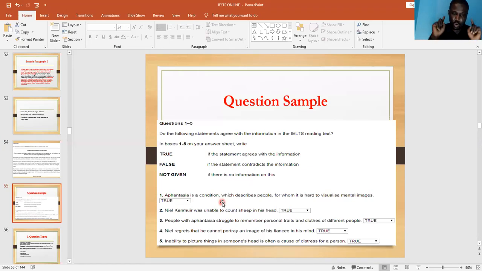The next thing is what are the key actions and key words or key actors. The next thing is, is there an example, name, or information given to buttress what has been said? From the three paragraphs that we've read, they all follow the same format. Every IELTS passage follows that format.